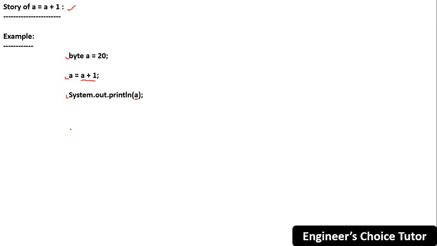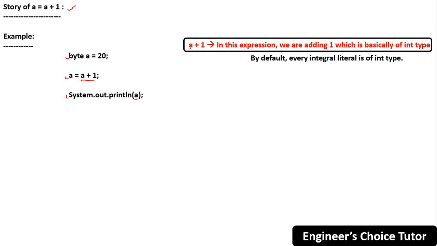It's an expression. In this expression, we are adding 1 which is basically of int type. Why is it of int type? Because by default every integral literal is of int type. Now what will be the return type when we perform a+1?